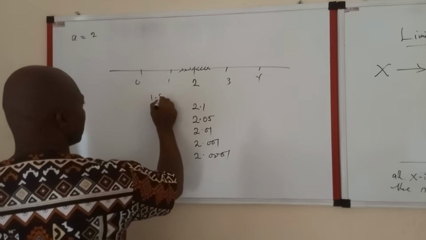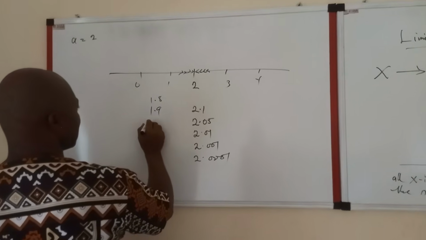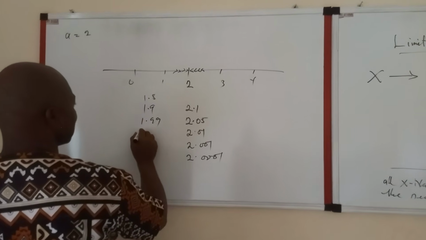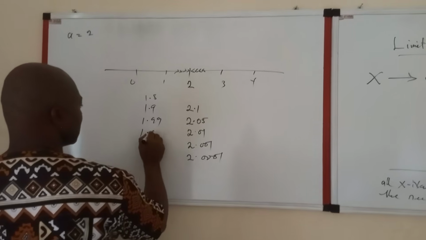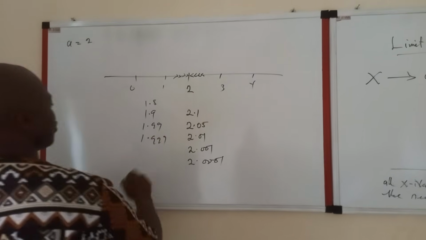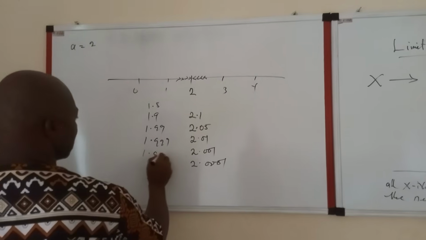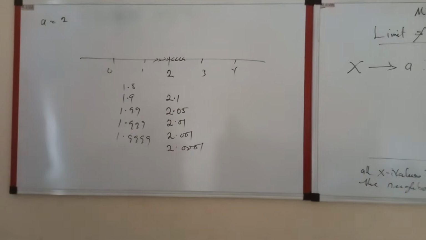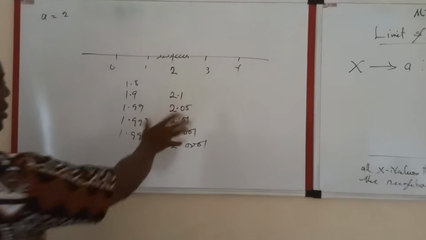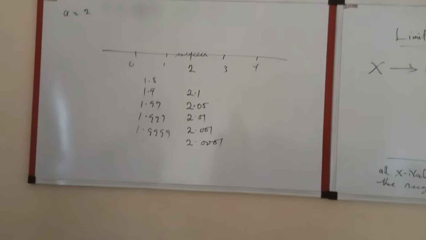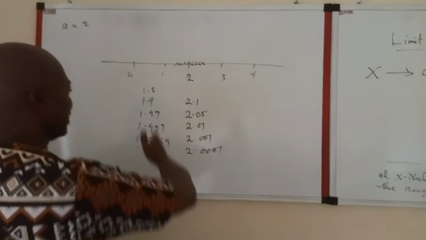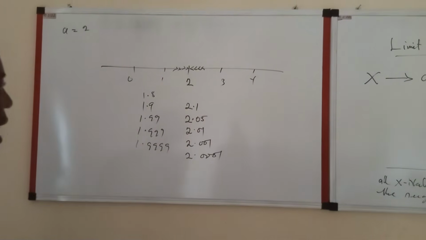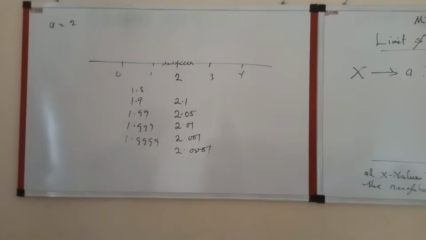Just say 1.8, 1.9, 1.99, 1.999, and so on, 1.9999, and so on. So the more you go, the more you get close to the point. So this is the neighborhood of 2, whereas this one is the right hand side, this one is the left hand side, as all approach the point A.